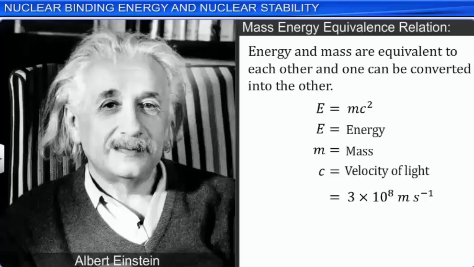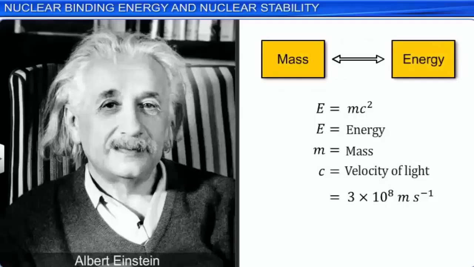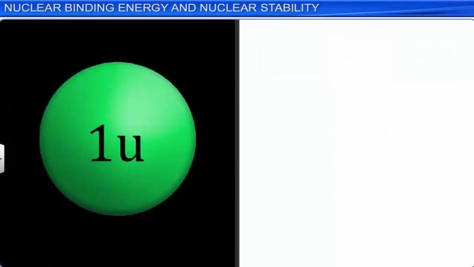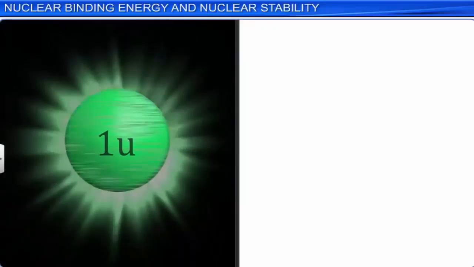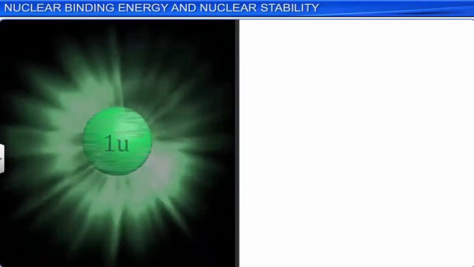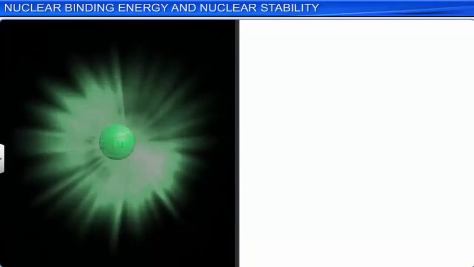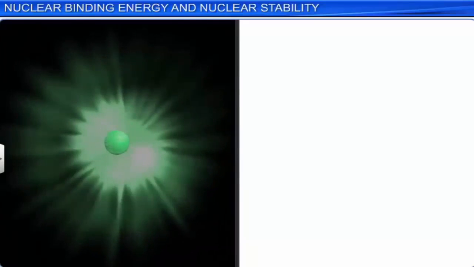According to Einstein, mass is a form of energy and it can be converted into other forms of energy, say kinetic energy, and vice versa. Let us now look at how much energy is released when one atomic mass unit of mass is completely destroyed. We know that the energy E released during this process is given by E = mc².